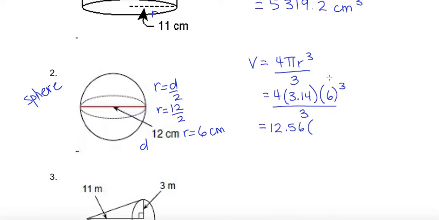Now I'm going to calculate 6 to the power of 3, or 6 times 6 times 6, which is 216. And I'm going to divide this by 3. I'm going to simplify my numerator. So 216 times 12.56 gives us 2,712.96. I'm going to divide this by 3.